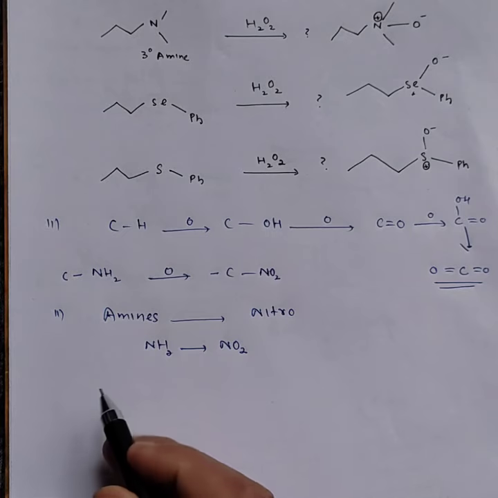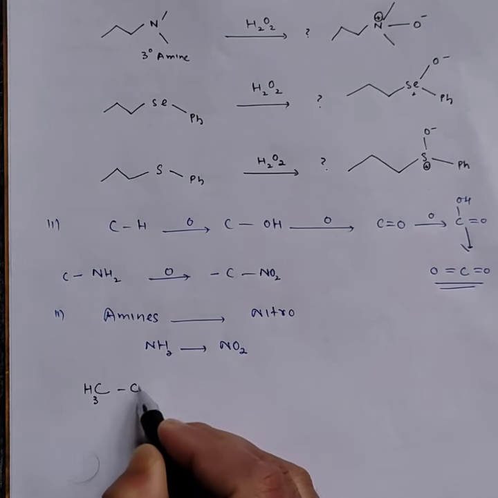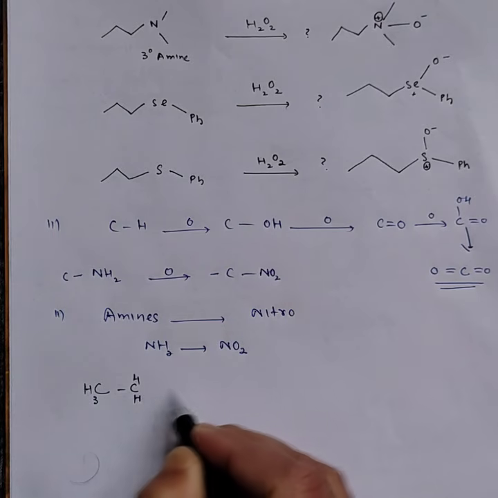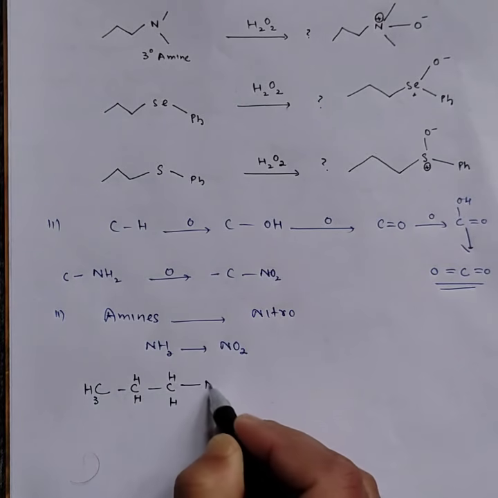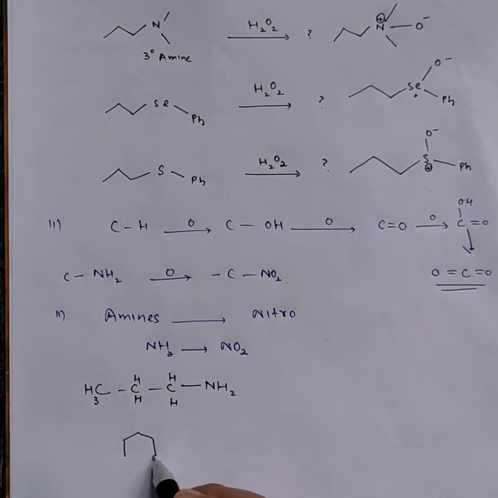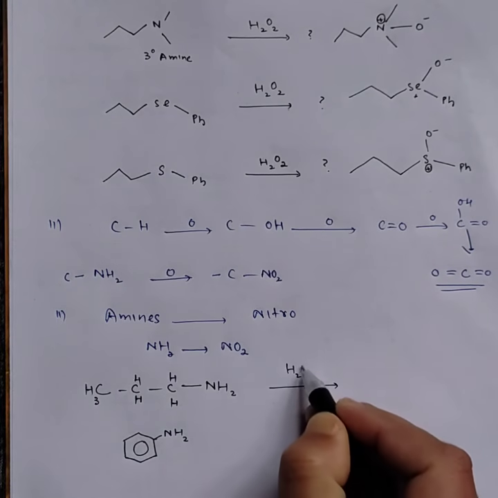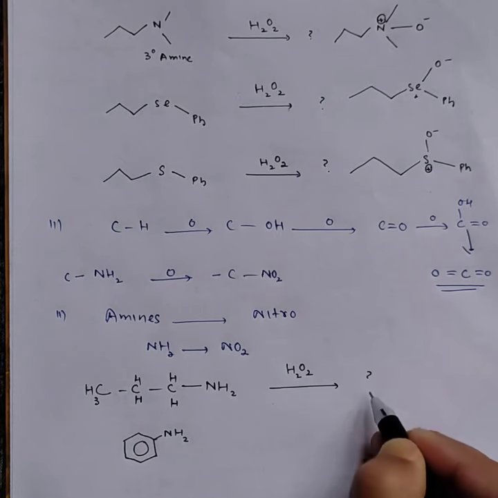Let's say we have a primary amine, CH3, CH2. This is a primary amine, and then we have one more aromatic amine. This is your aniline compound. So you treat them with the peroxide under neutral conditions. So what is the product formed?